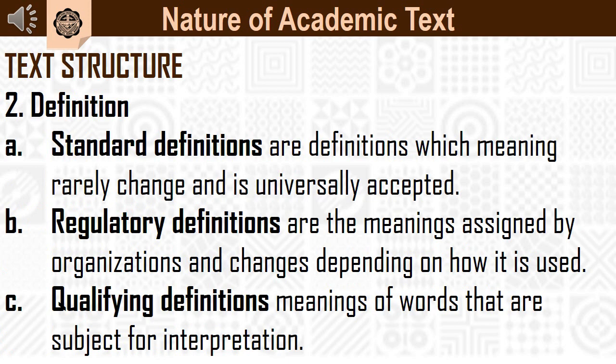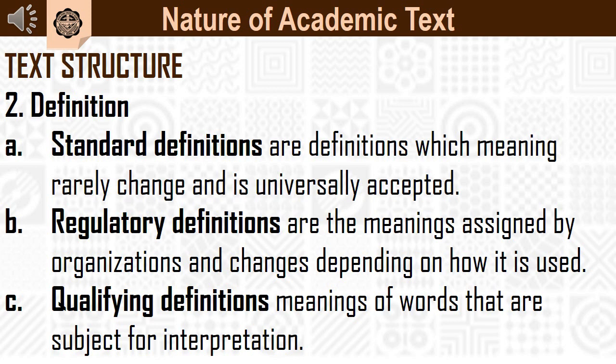Standard definitions are definitions whose meaning rarely changes and is universally accepted. For example, the definition of right angle. Regulatory definitions are the meanings assigned by organizations and change depending on how they are used. For example, PAGASA's definition of critical level.